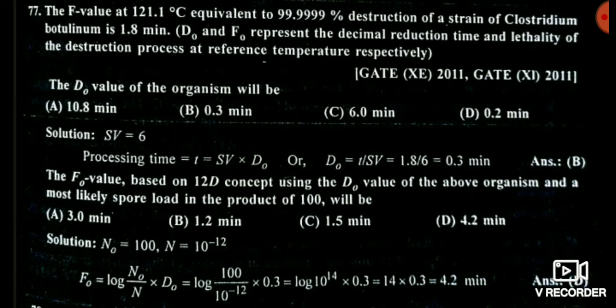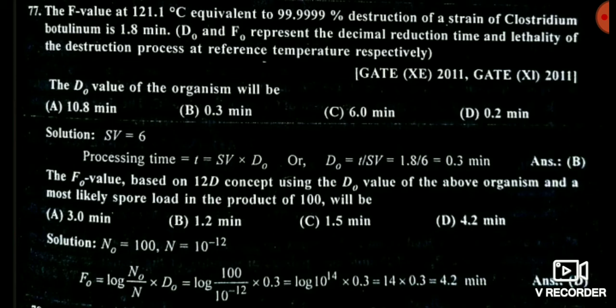And friends, in the second case, it is asking for the F naught value based upon the 12D concept, means 12 times the decimal log reduction value, and a most likely spore load of the product of 100. Means friends, initially the number of microorganisms, means the number of spores, is 100, and finally it is 12 times.